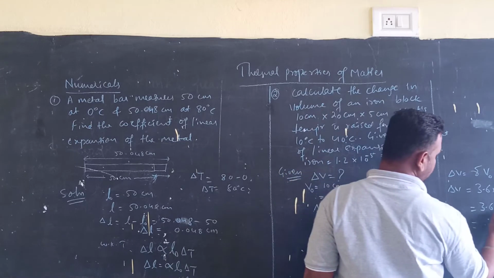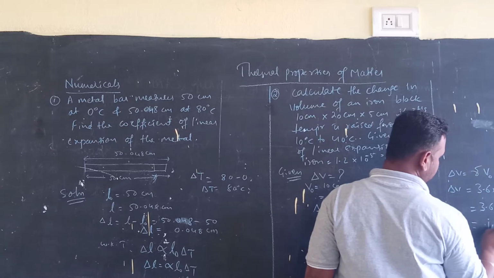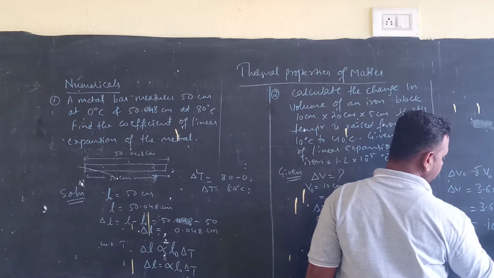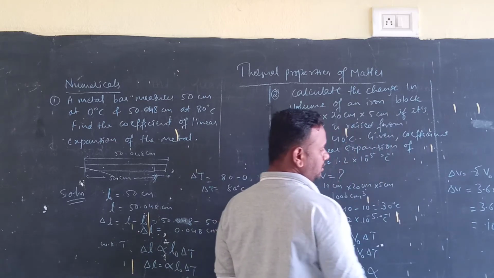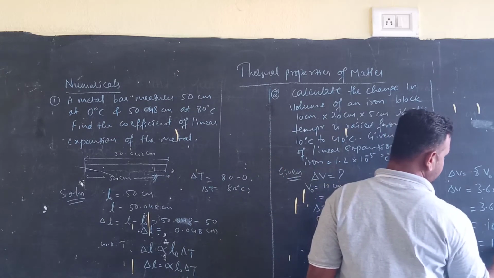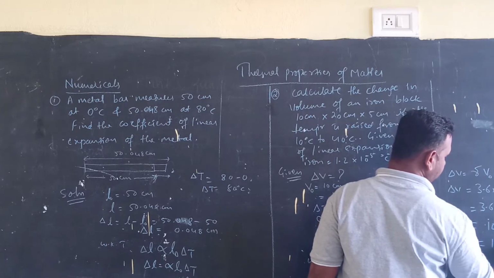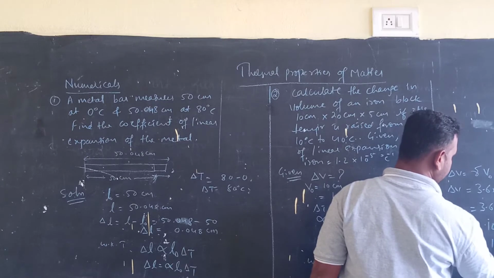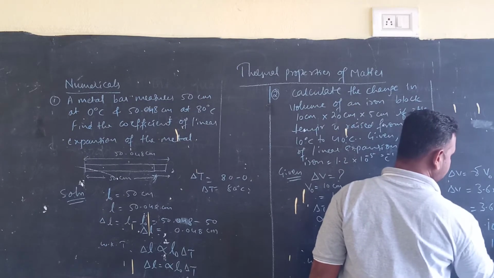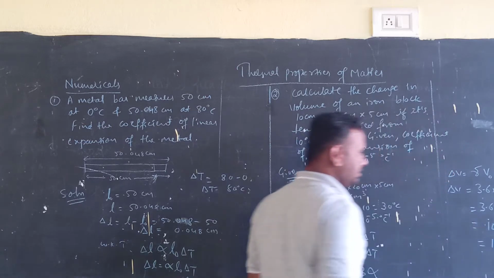Okay, so 3 6s are 18, 1 3 is 9, 9 plus 1 is 10, that is 10.8 into 10 to the power of minus 1. So it is 1.08 cubic centimeter is the answer.